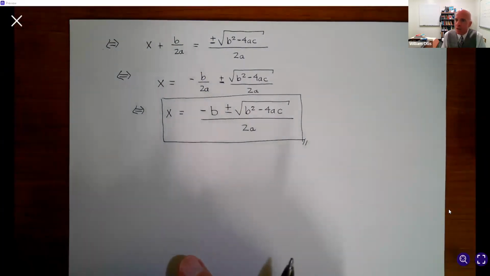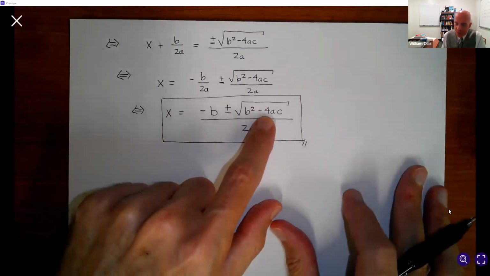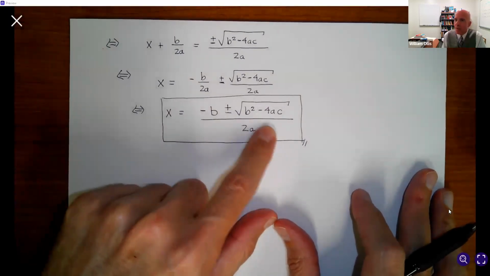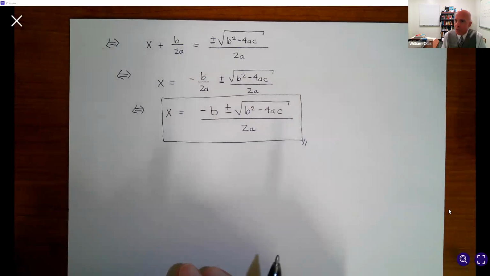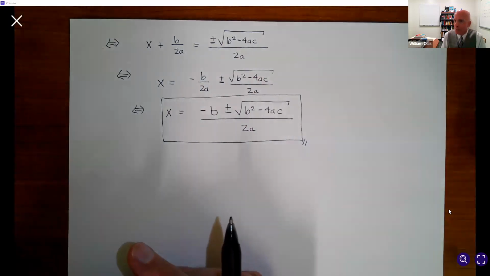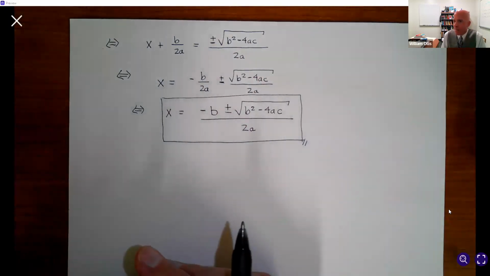Rational numbers, which are ratios of integers. And of course, if the b squared minus 4ac is not a perfect square, then there's no way that the AC lemma is going to work. So this quadratic formula actually provides more interesting information than we maybe initially expected.